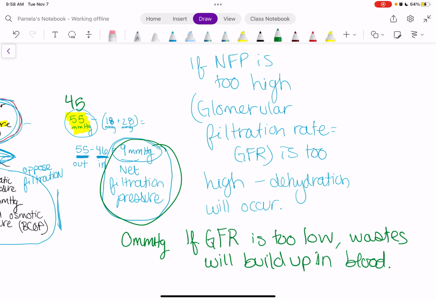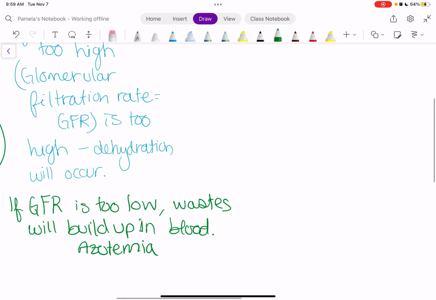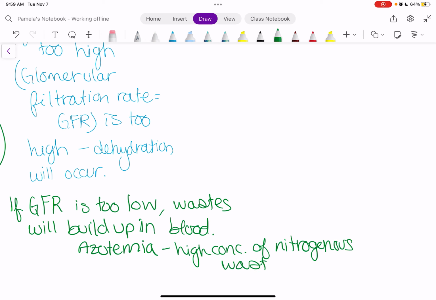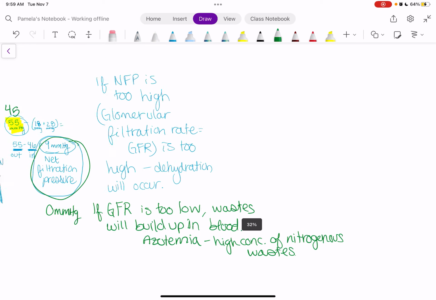This is a big problem because those toxic wastes like urea and ammonia will cause a condition called azotemia. Azotemia is a high concentration of nitrogenous wastes in our blood. And these wastes can become toxic to us, and they can cause death as a result. So this is a major concern.